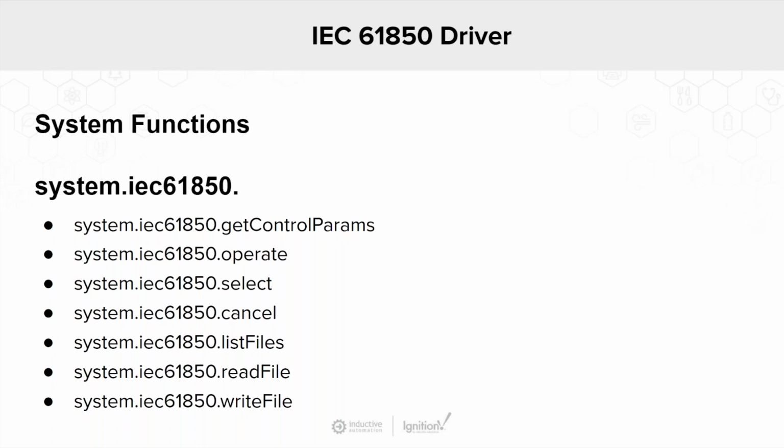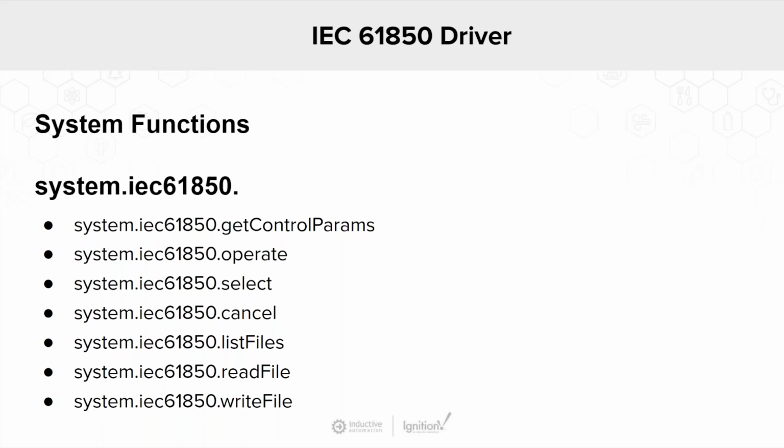For SBO, or select before operate, logical devices, we can utilize the system.IEC-61850 select function, which is required to operate that logical device on the control model defined in the SCD file. We'll get into a little bit more on that SCD file in a little bit.